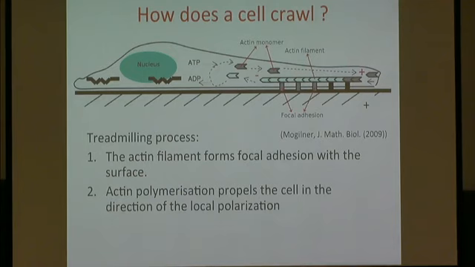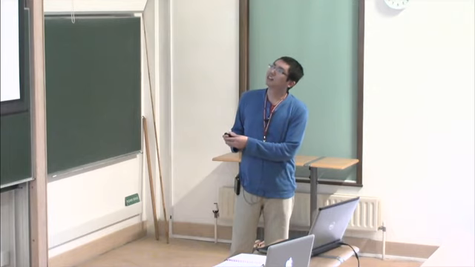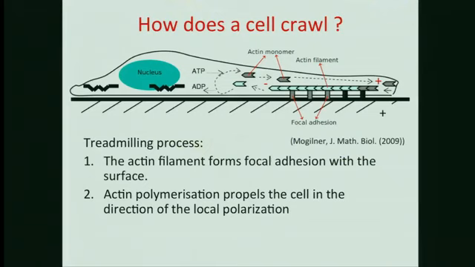The actin filament is pointing to the right, and it is attached to the surface with focal adhesion. Then the minus end of the filament can depolymerize, and the monomer goes to the front and polymerizes at the front. This makes the cell move to the right.